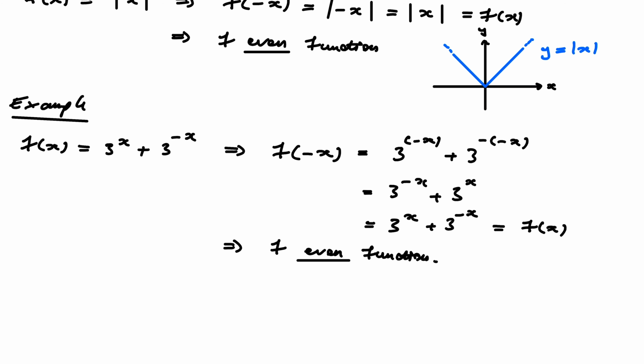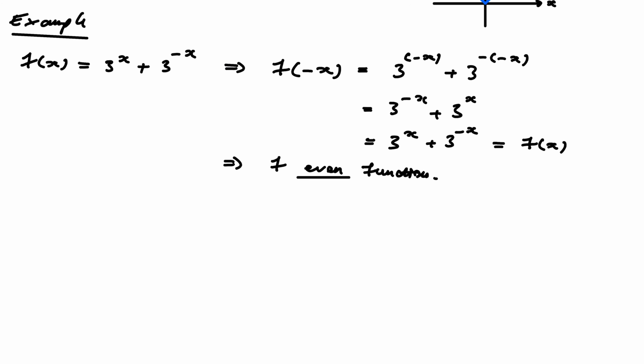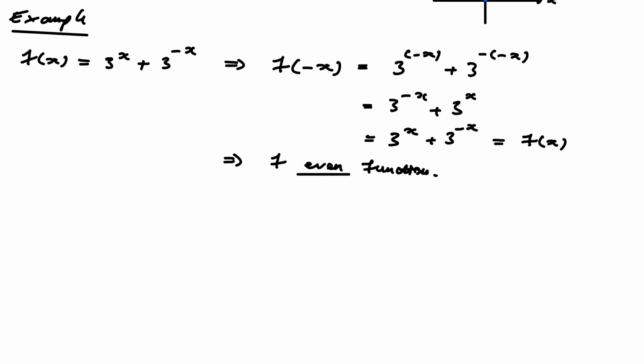Let's do a non-example, just to make sure we know how to deal with those. So again, let's have f of x is equal to 2 to the x. Now, here's what I don't want to do.